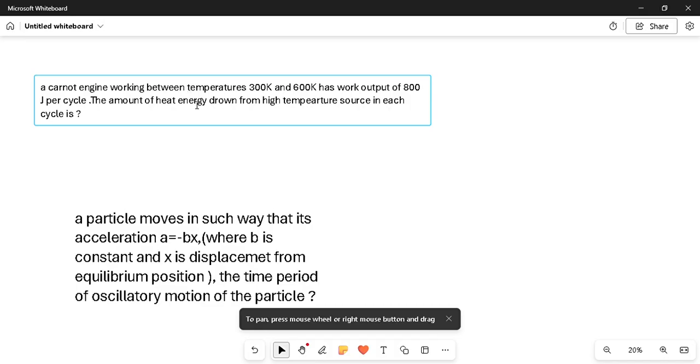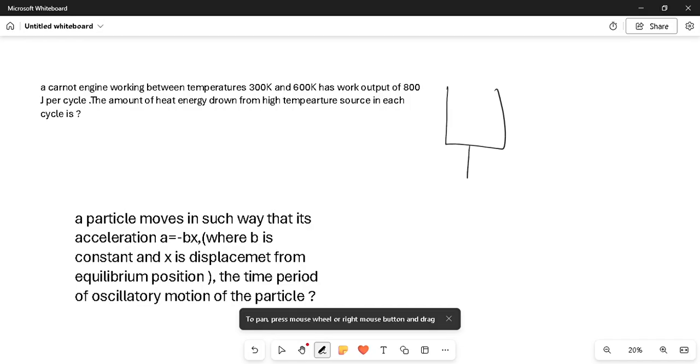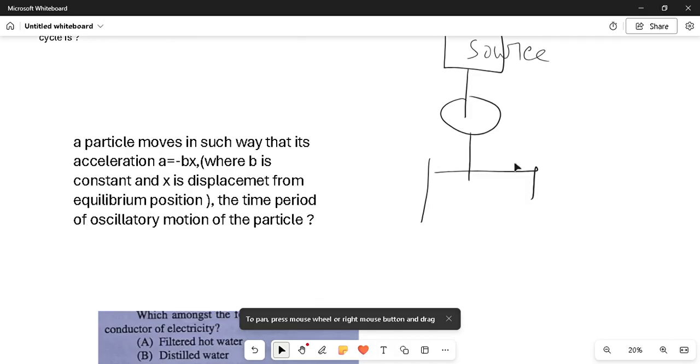The Carnot engine is like this. This is a machine. This is the source. This is the sink.